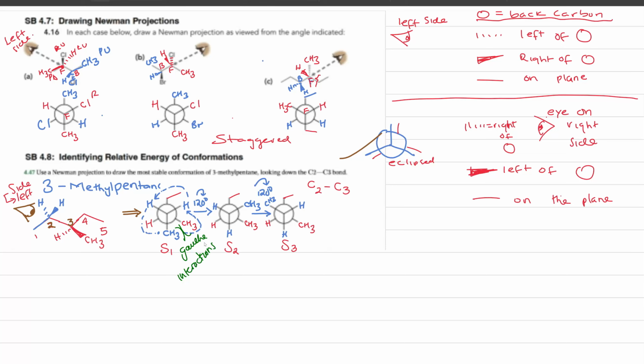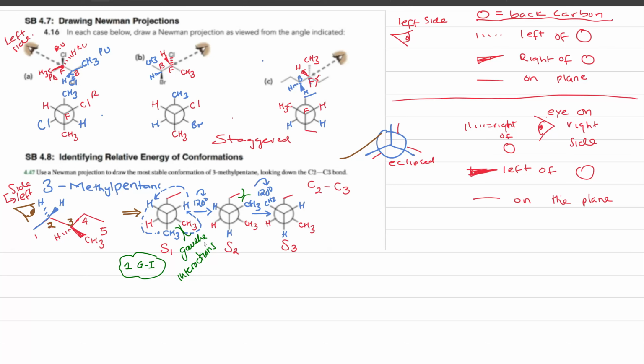Is it because it's a CH3 and a CH3? Correct. Hydrogen does not crowd with anything. So this one has only one gauche interaction. Okay. And then we go here.